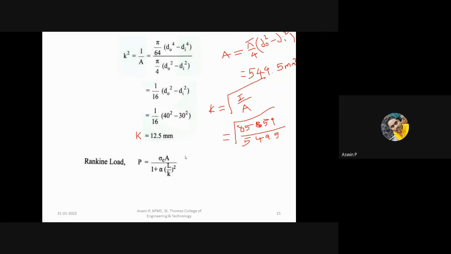Okay, you will get the answer directly. Please substitute the values and find the answer. I will not give the answer until you complete.